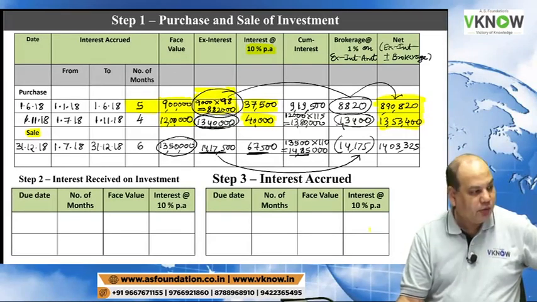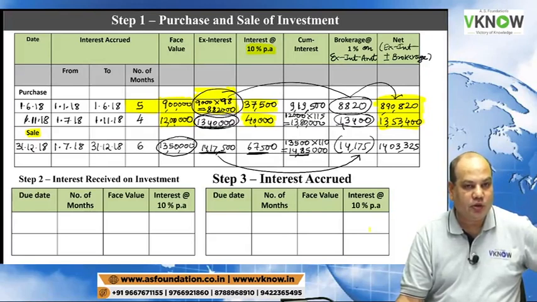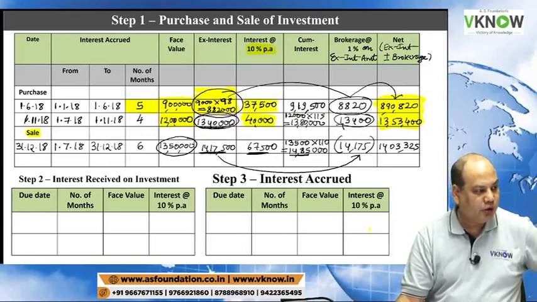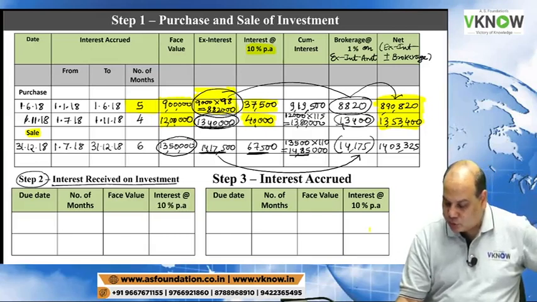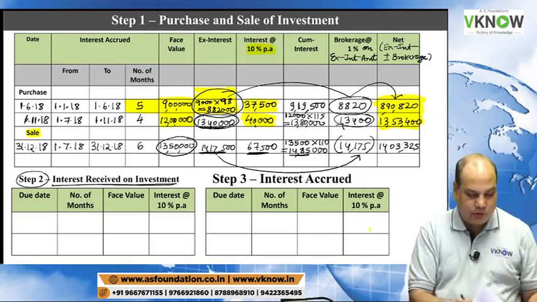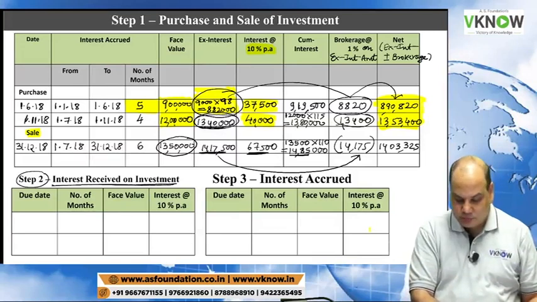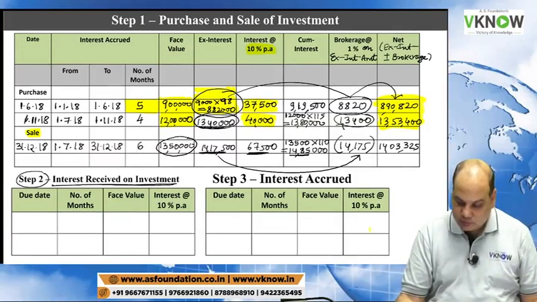Okay, so now any query on this? Anybody, any query on this? Come on. No query? Please go to step number 2, or working note number 2, you can write: interest received on investment. Which are the two interest payment dates in this question?